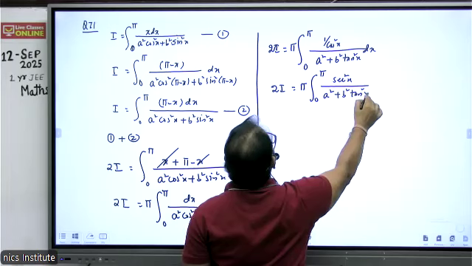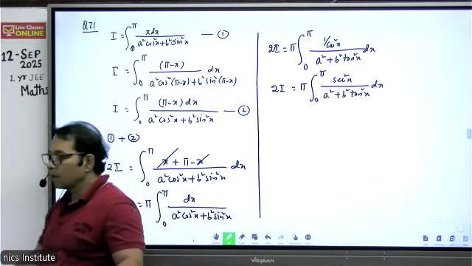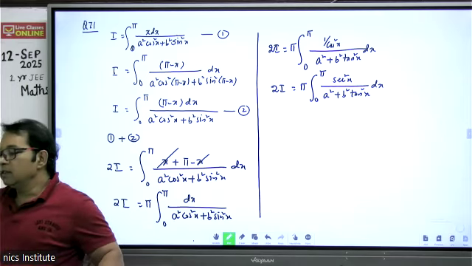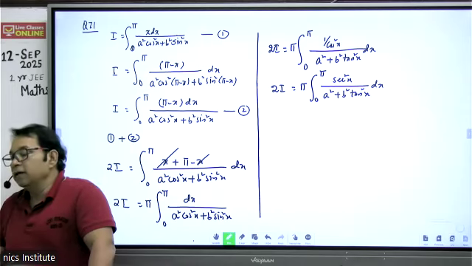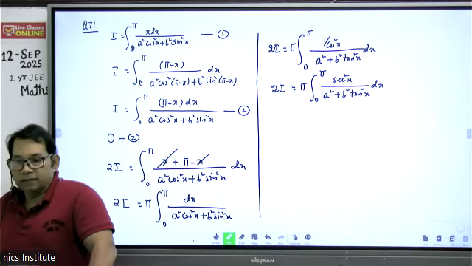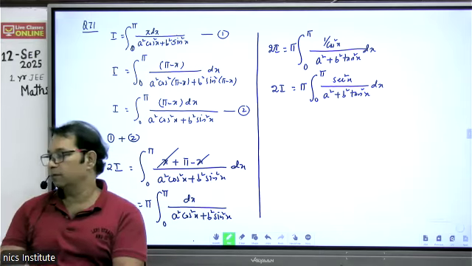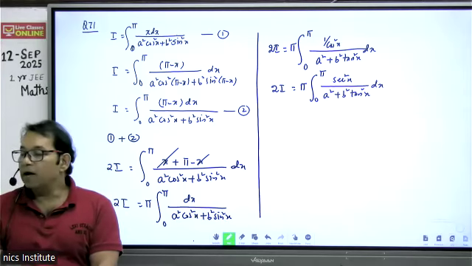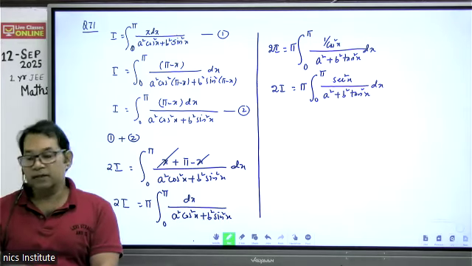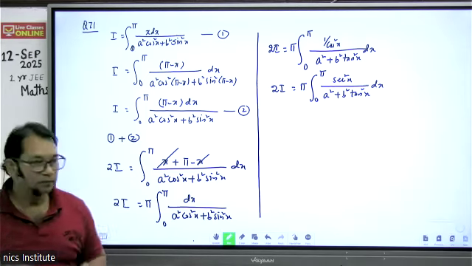But there is a slight technical problem here. This function involves tan x, and tan x is discontinuous at pi by 2. So you can't integrate this just like this, because tan x is not defined at pi by 2.